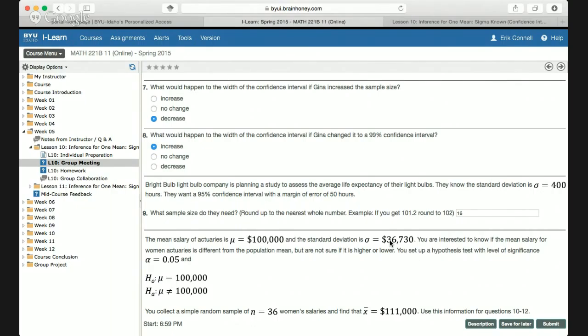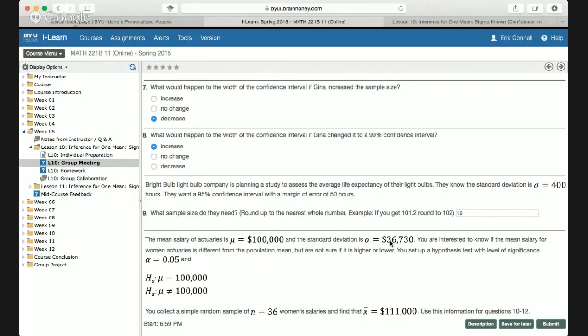Okay, so what sample size do they need? That was n equals. What was there, Z? 95% confidence level, right? Yeah. 1.96 times 400 divided by the square root of the margin.